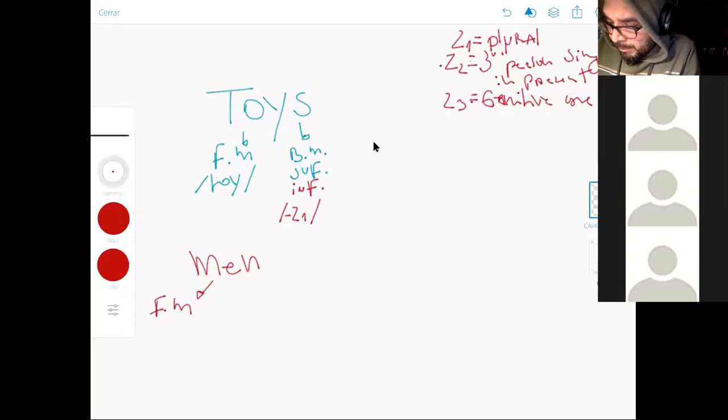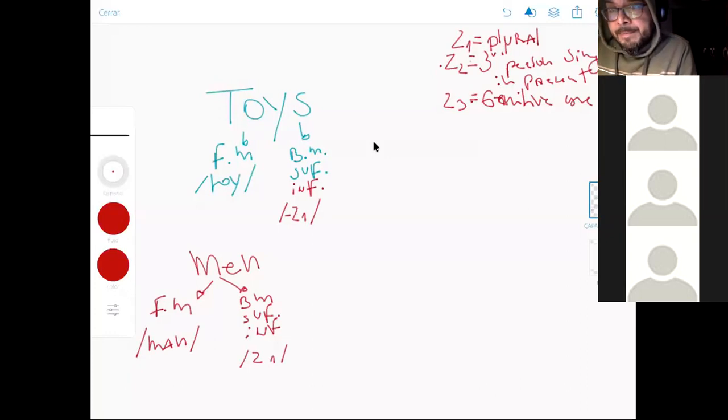One free morpheme and the other one is a bound morpheme, suffix, inflectional, Z1. The same with all the rest of the irregular plurals.